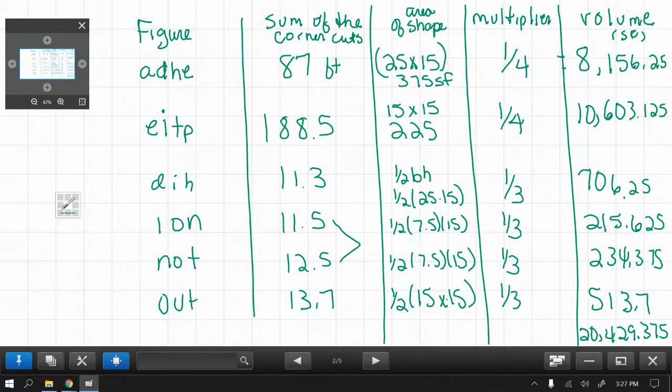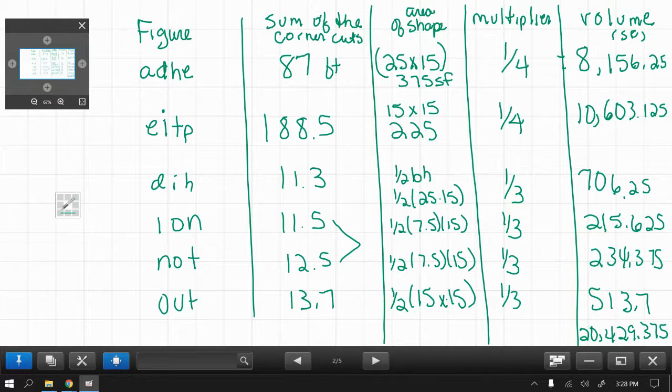If I need it in cubic yards, you would divide that by 27. That would be cubic feet. Finally, sand, it is on there. And I want it in cubic yards.